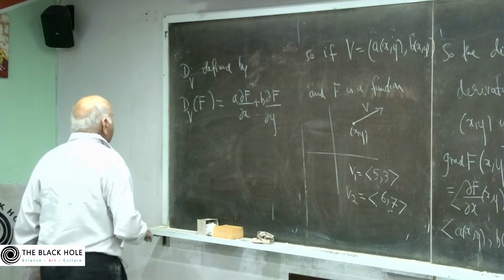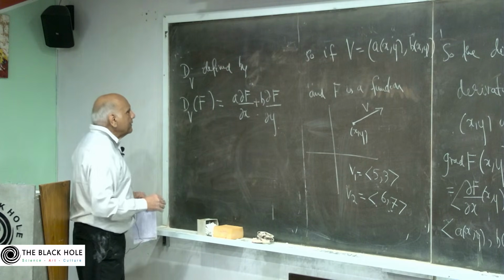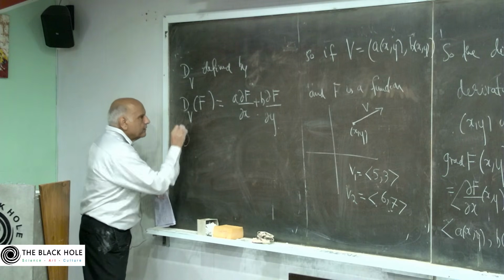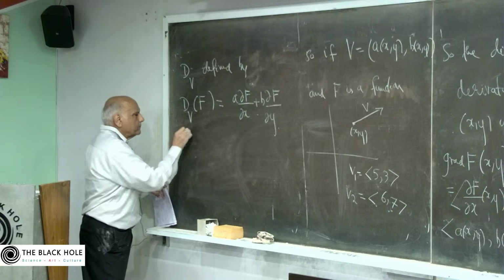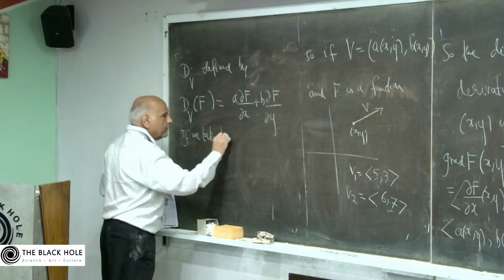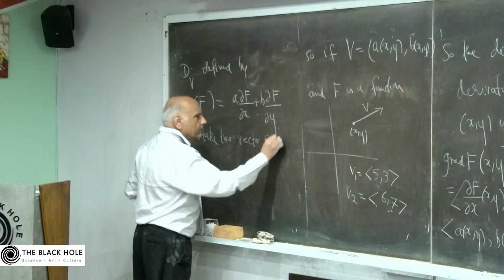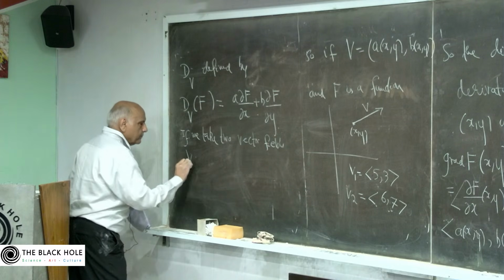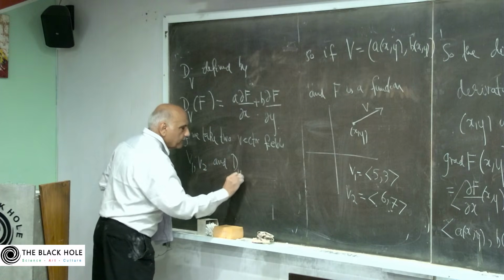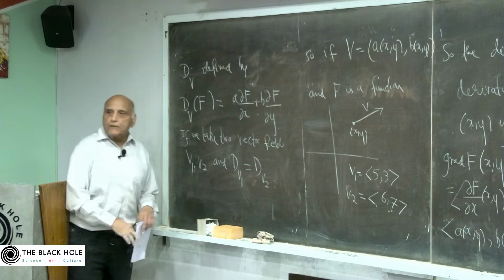So from now on, tell me, if I take two vector fields v1 and v2, and dv1 is equal to dv2, can I say v1 is equal to v2?